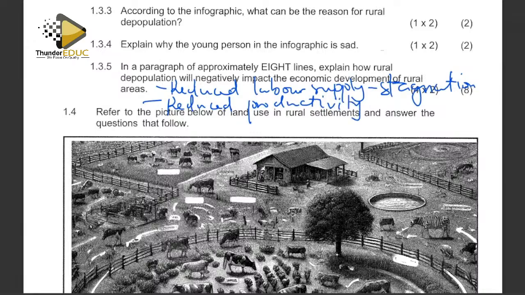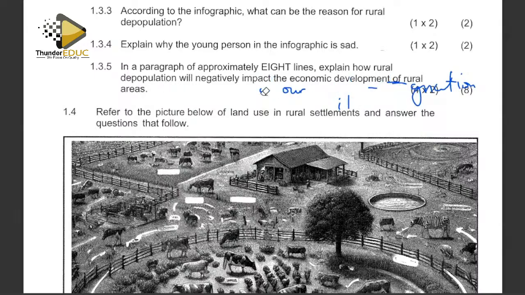For the same reason that they've lost the productive workforce, the people who are left behind are usually the young and the elderly, who are not very physically strong to do manual work required on the farms and on the fields. And at the end, they are less productive. And the overall result on the rural economy is there's reduced productivity in the rural economies.